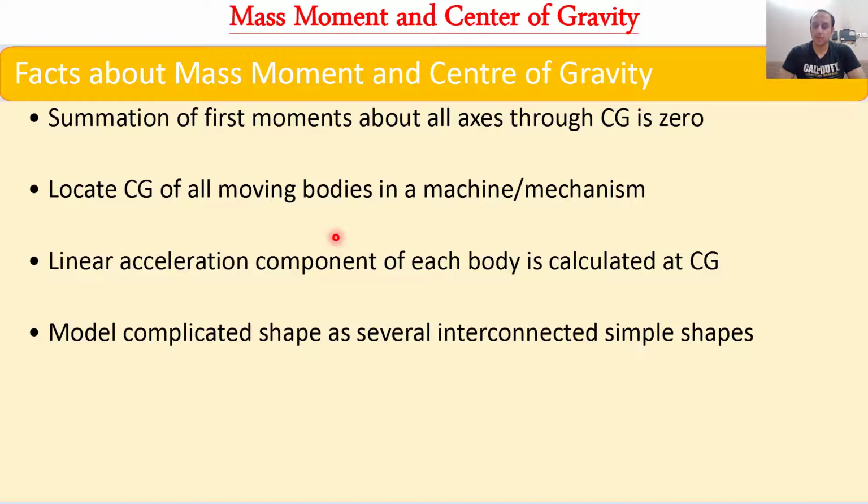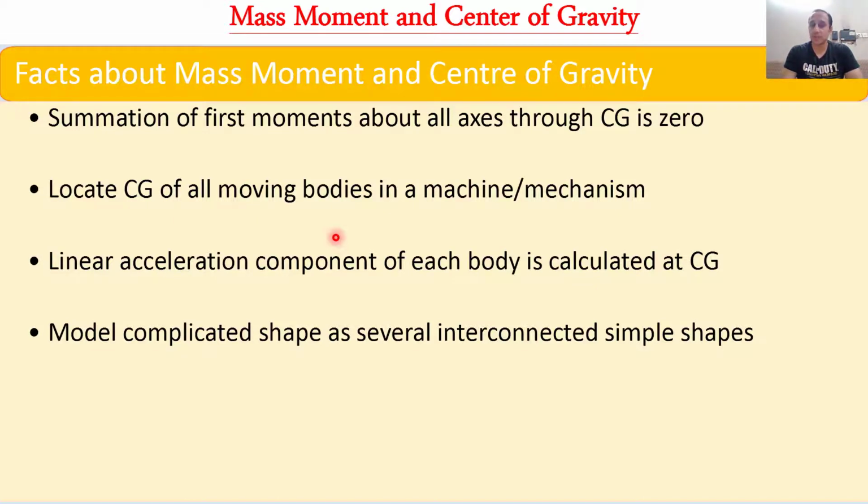So what we need to do is divide a complex shape into a combination of simple shapes, or shapes for which we have formulas available, so that we can easily calculate CG, the mass moment, and other properties like the second moment of inertia or mass moment of inertia, and the radius of gyration.